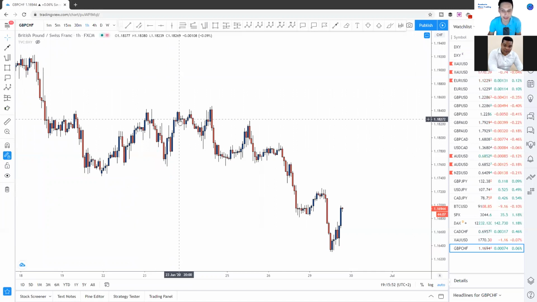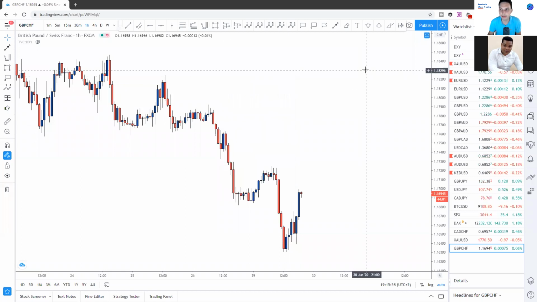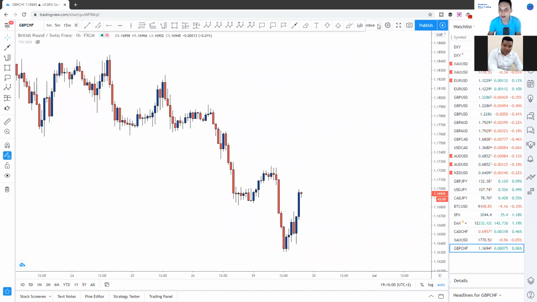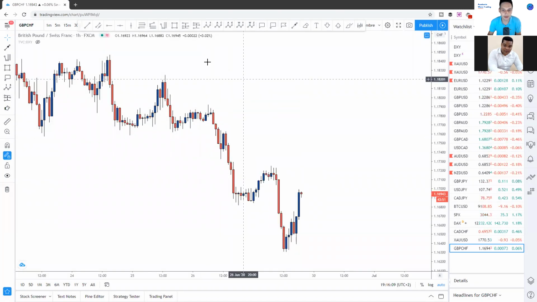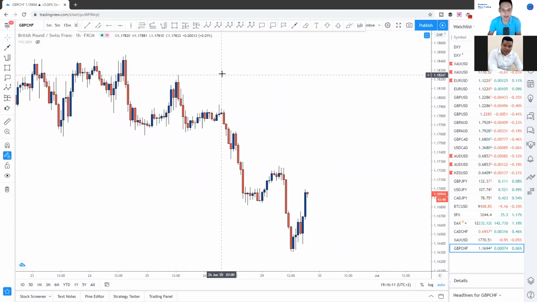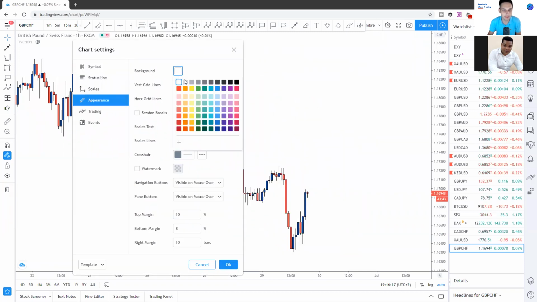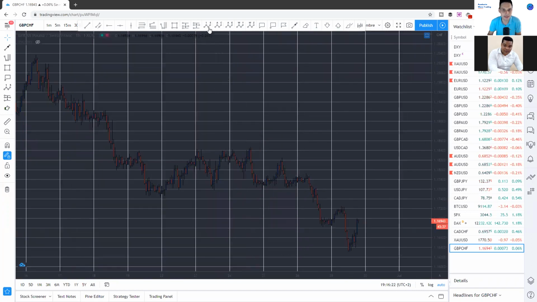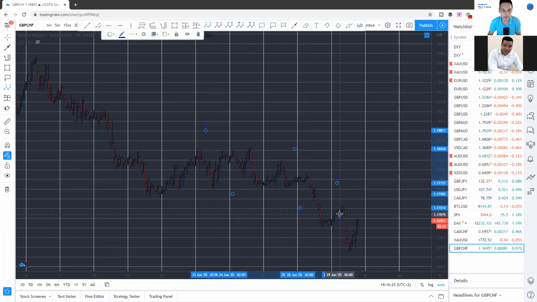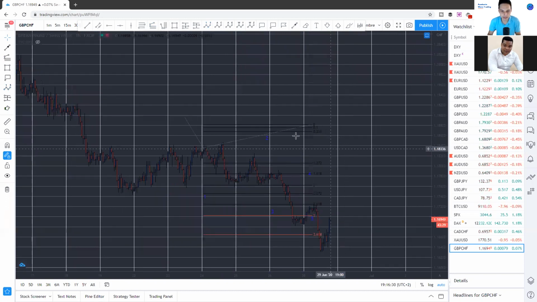It's quite critical and important because a lot of guys have a setup with a lot of lines, a lot of colors, and a black background. Then they start placing some waves and some fib levels, and this is already a mess. You got the point, yeah.